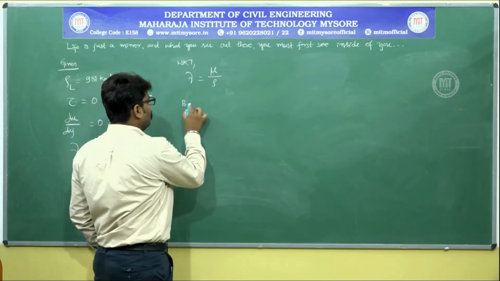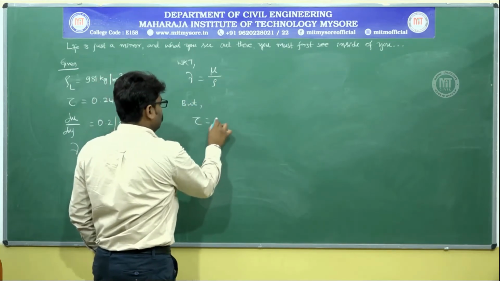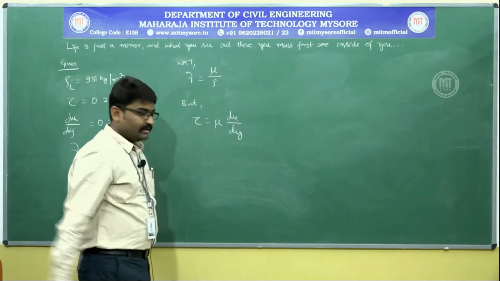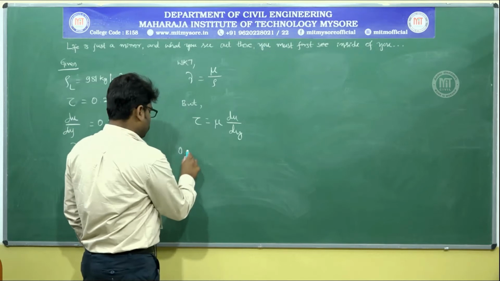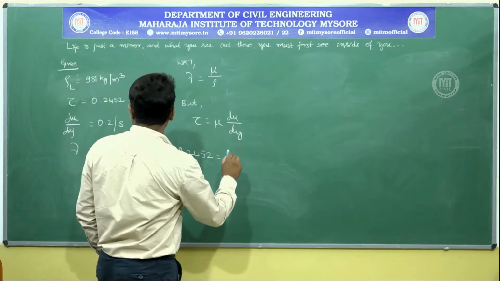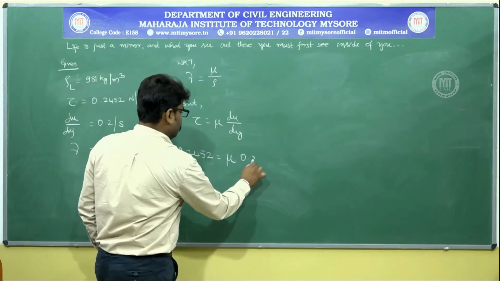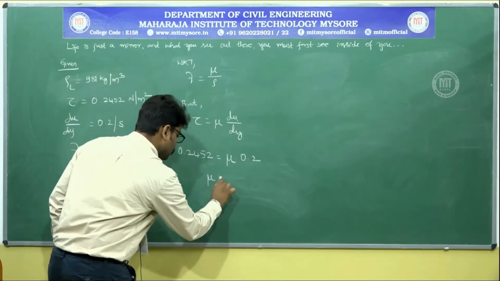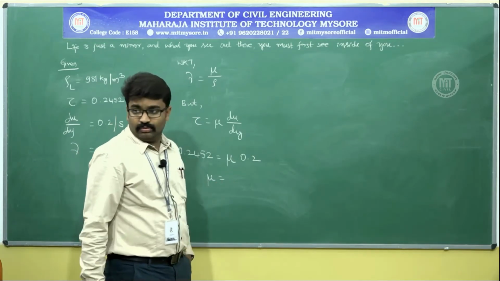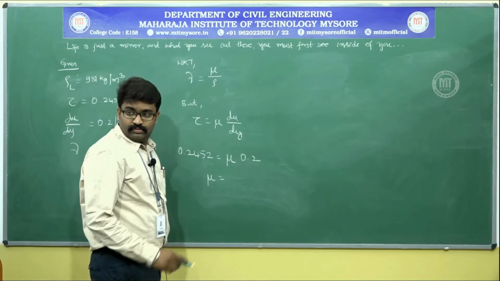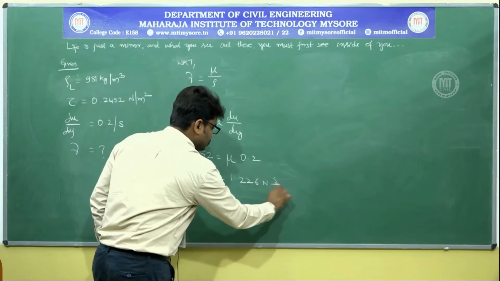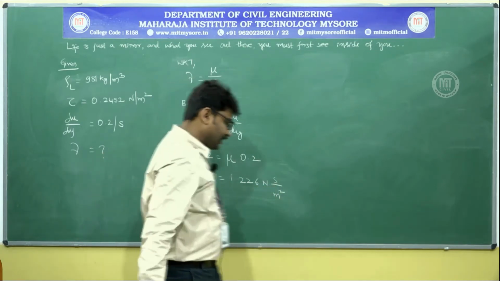But to get mu, tau is equal to mu into du by dy. Tau is 0.2452, it must be equal to mu into du by dy, which is 0.2. So mu is 0.2452 divided by 0.2, which is 1.226 Newton second per meter square.